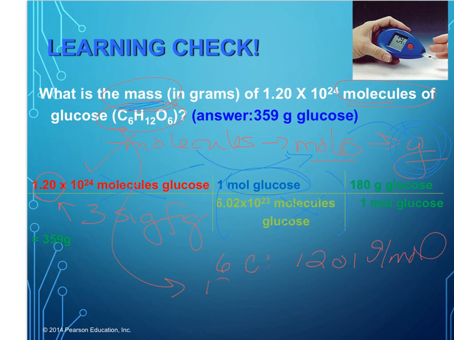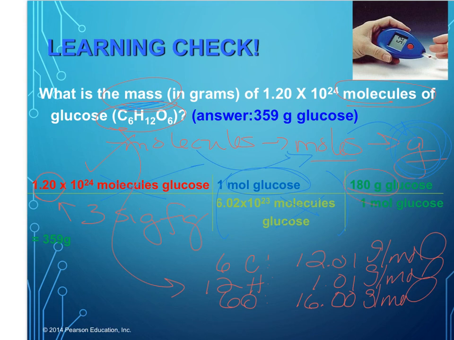Glucose has 12 hydrogens, each have a mass of 1.01 grams per mole, and 6 oxygen. Now, if you round it correctly, you'll find that each oxygen atom has a molar mass of 16.00 grams per mole. So when you add all those together, you will find out that the molar mass of glucose is exactly 180.